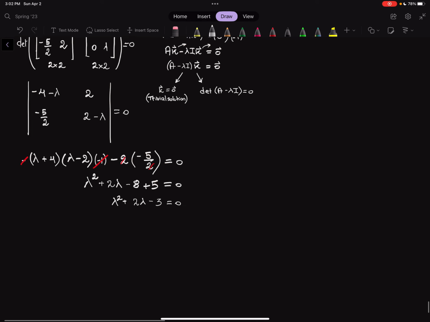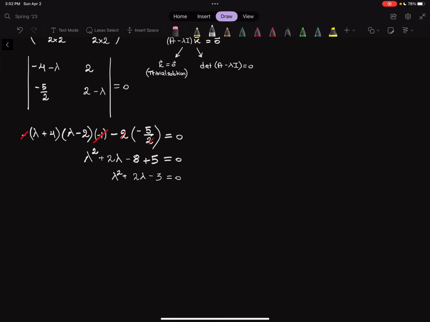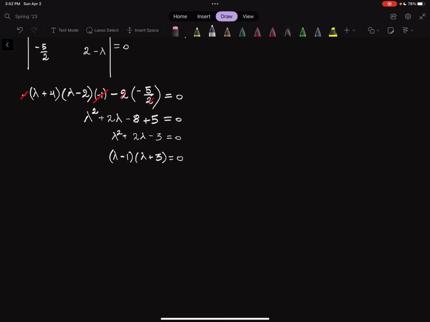So let me rewrite these two. This is going to be a +2, and this is going to be a -3. So now, can you think of two numbers that multiply to -3 and add up to 2? Well, I just wrote them. If I multiply -1 and 3, I get -3.